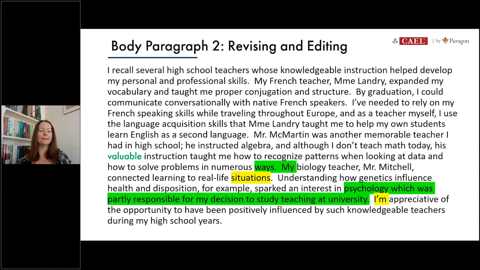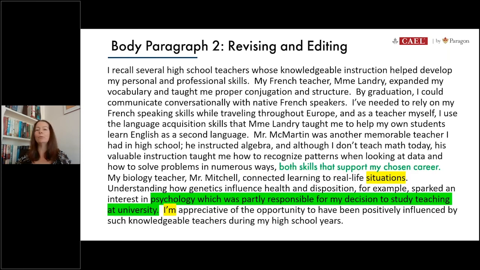And we'll move down then to that next green highlighted phrase. So I've identified some of the skills then that my math teacher has taught me. So I've identified recognizing patterns and looking at data and solving problems as well in numerous ways. Now, just before I move on to my final body detail with my science teacher, I'm going to add one little phrase there, that little group of words.